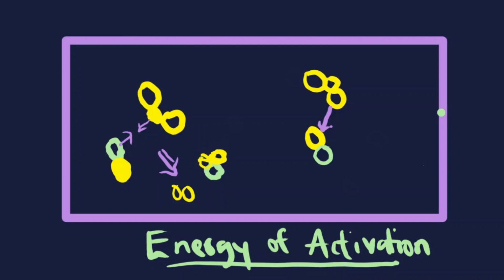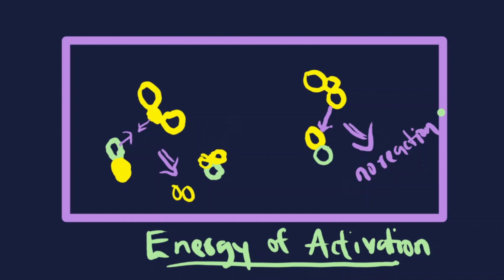However, when these two collide with each other in this orientation, no reaction will occur, because this is not the correct orientation. Actually, the oxygen should have collided with the nitrogen, but it hasn't happened in this case.